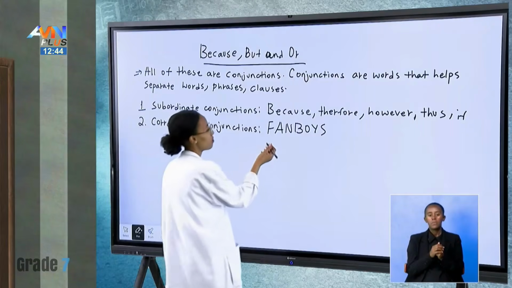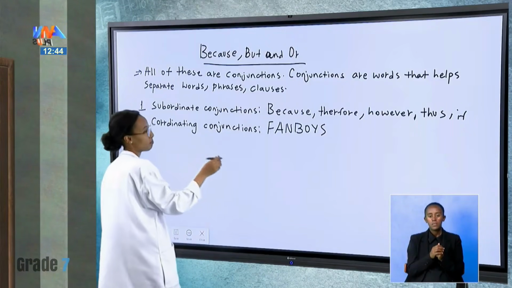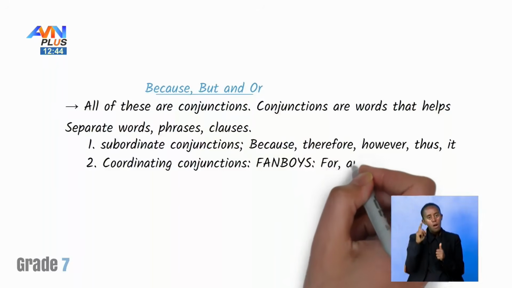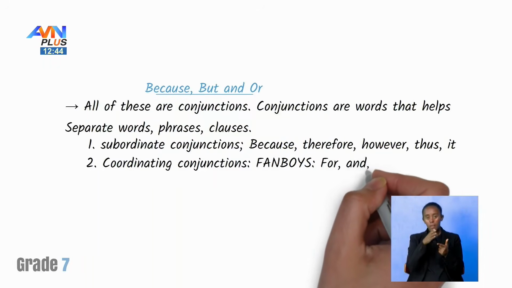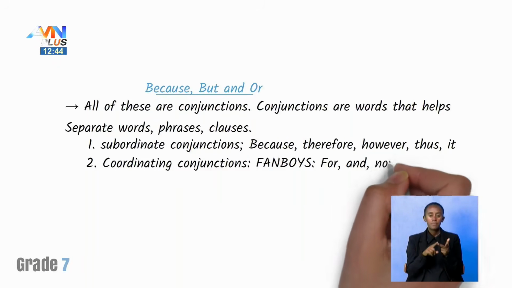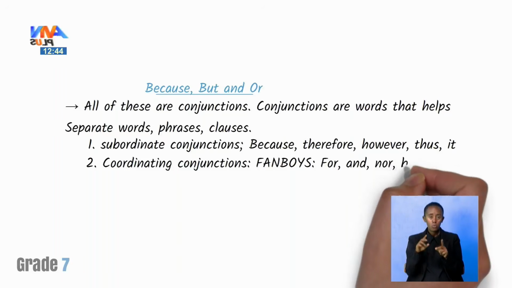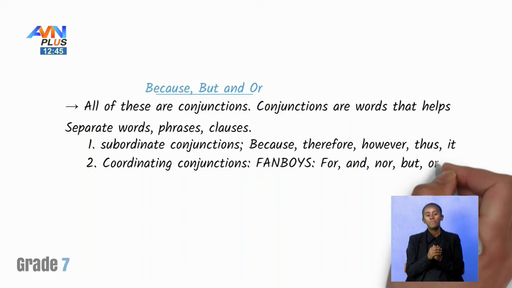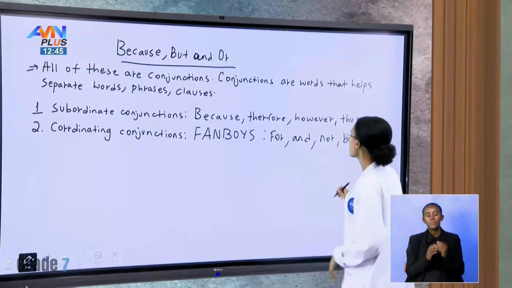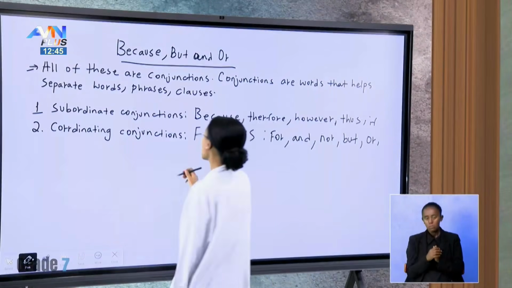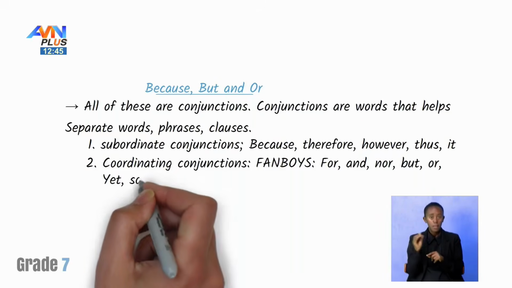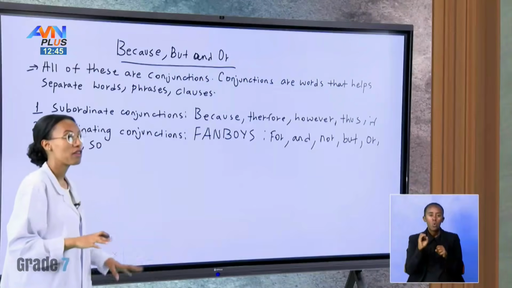F stands for for, A stands for and, N stands for nor, B stands for but, which is one of our topics. Another topic that we have today is or. We have yet and so. So these are the fanboys.